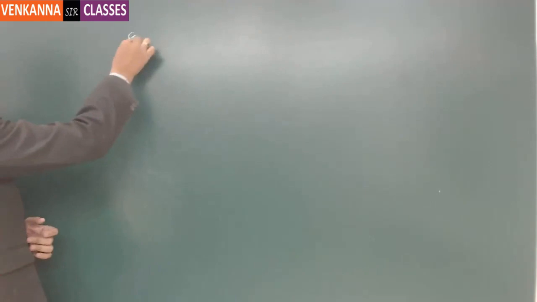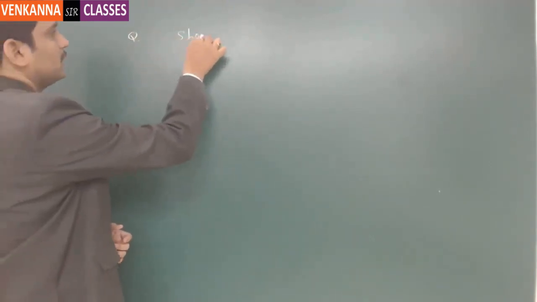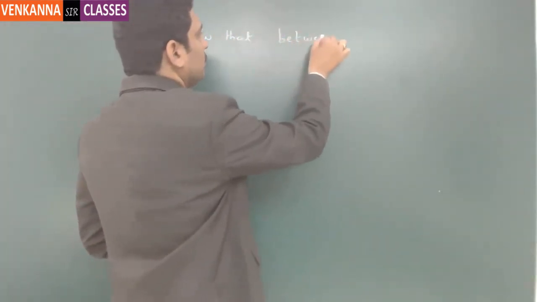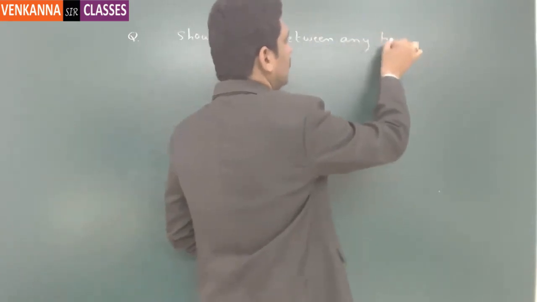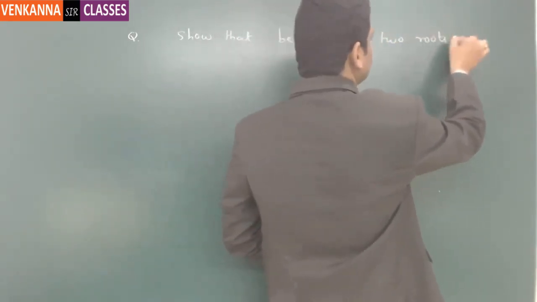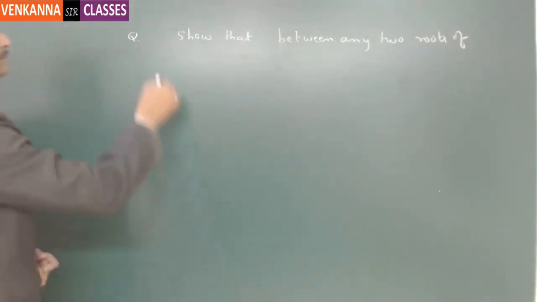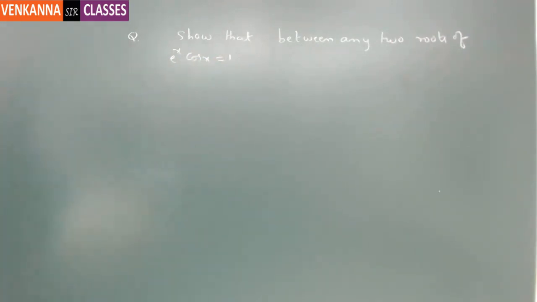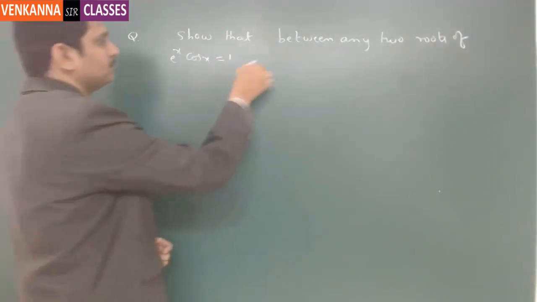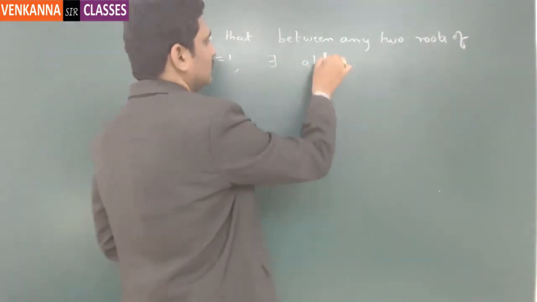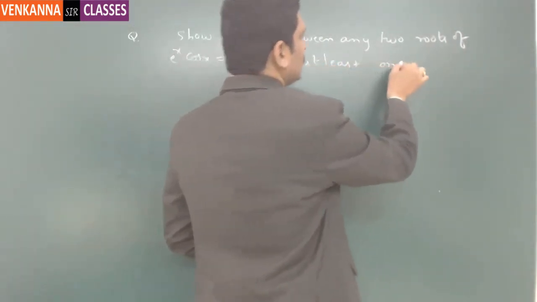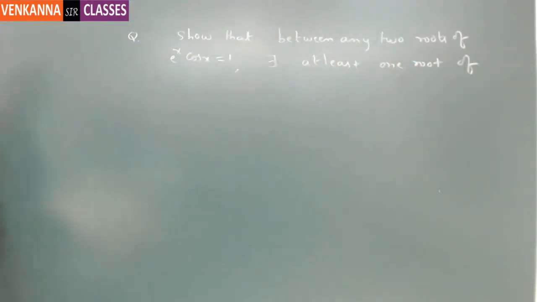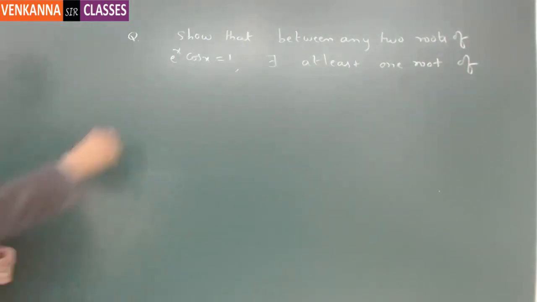Now the question is, show that between any two roots of e power x cos x equal to 1, there exists at least one root of e power x sin x minus 1 equal to 0.